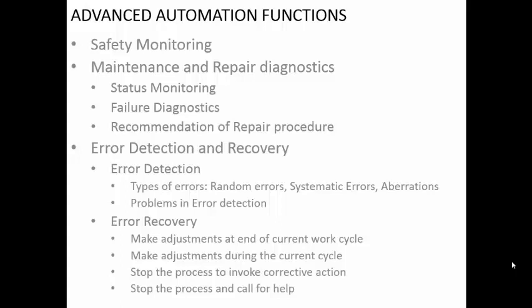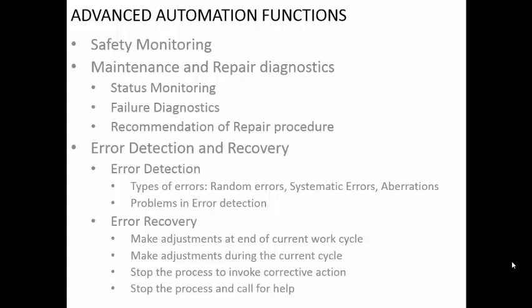Or if the output of the system is not as per the instructions given, then also we can call it an error. So there are two aspects here. First, we have to detect the error. Next, once the error is detected, how the system is going to respond to that particular error. That is the error recovery.